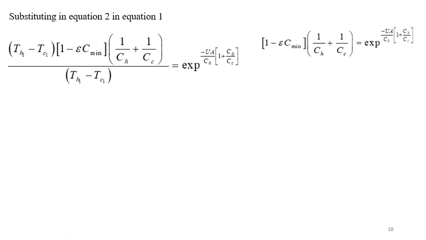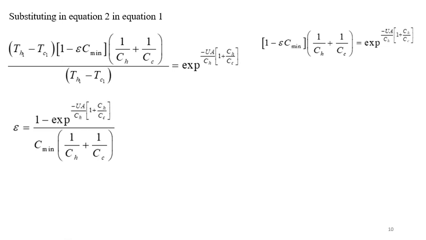Simplifying this, Th1 minus Tc1 gets cancelled, and only this remains: 1 minus effectiveness into C minimum into (1 by Ch plus 1 by Cc) is equal to exponential to the power minus UA by Ch into (1 plus Ch by Cc).